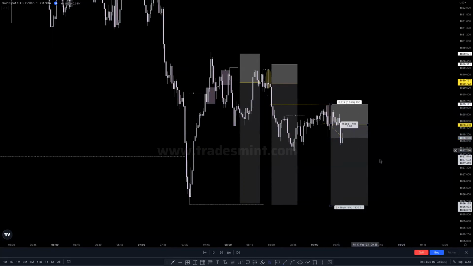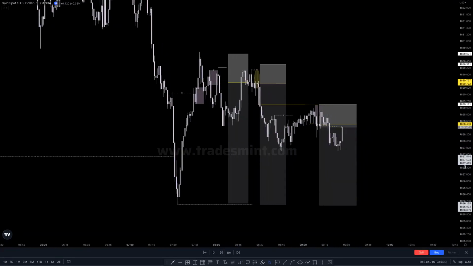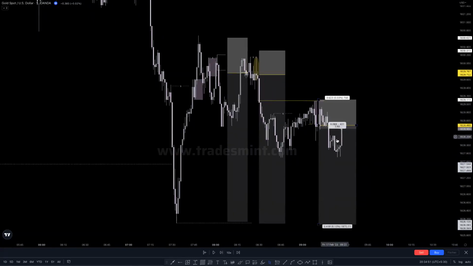And in this case, you can also wait for taking out the inducement before the sell here, like this. Okay, because this is a trend line liquidity. Now you can see it taking out the inducement.